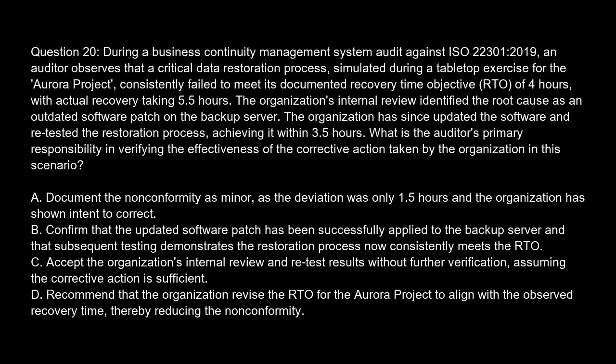Option C. Accept the organization's internal review and retest results without further verification, assuming the corrective action is sufficient. Option D. Recommend that the organization revise the RTO for the Aurora project to align with the observed recovery time, thereby reducing the nonconformity.